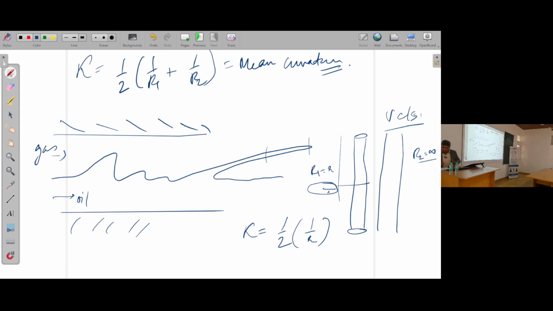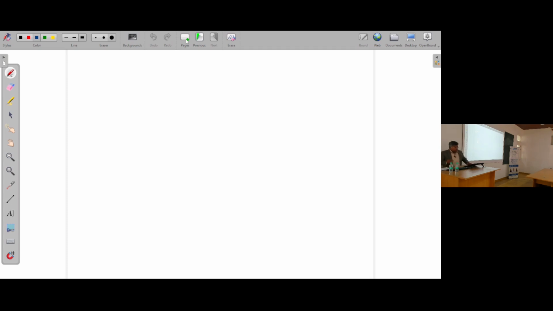So let's do another case, where you have a flat interface, like this bottle here, a very flat interface of liquid. This is liquid, this is vapor. If you have a flat interface, R1 tends to infinity and R2 also tends to infinity.